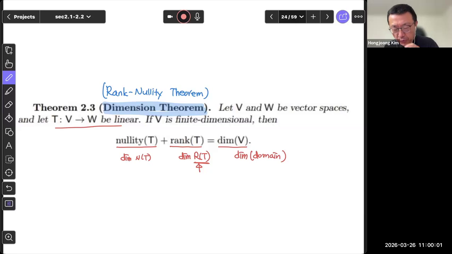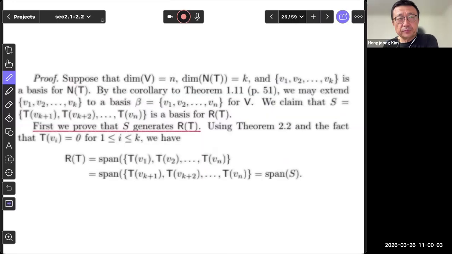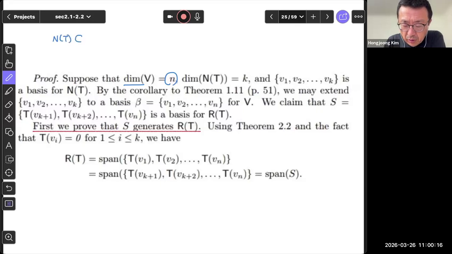Okay? So to prove this, let us consider it. Suppose that the dimension of the domain is n, and the null space is a subspace of the domain.